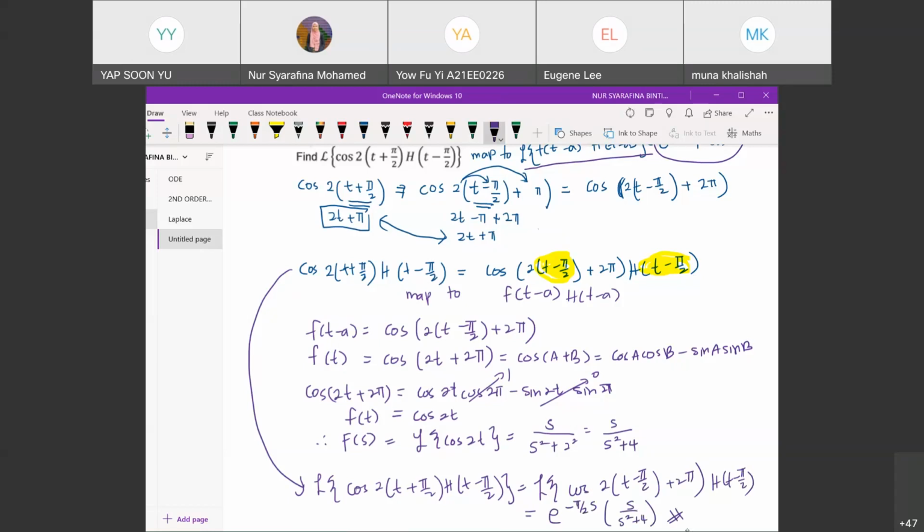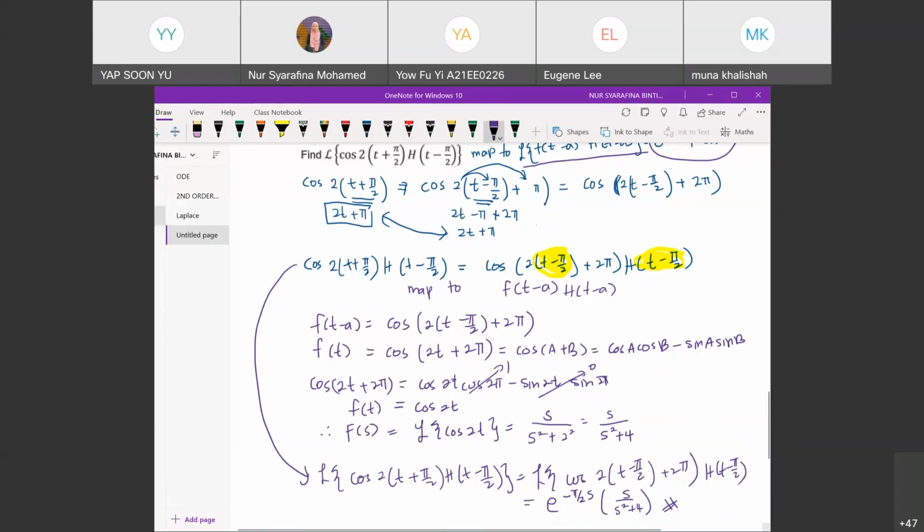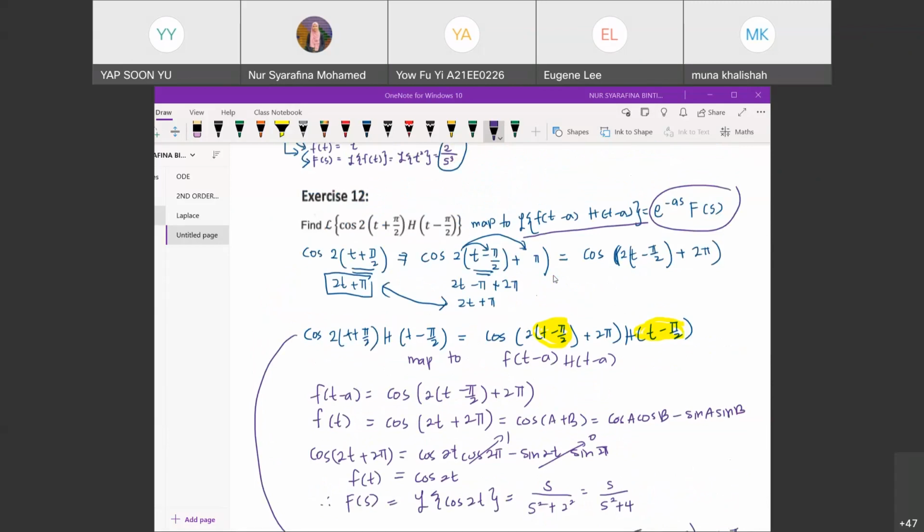All right, clear now. Okay. So basically, you always need to do some modification in order to make sure that the t minus a of f and the t minus a of h are equal. So this is how we do it.